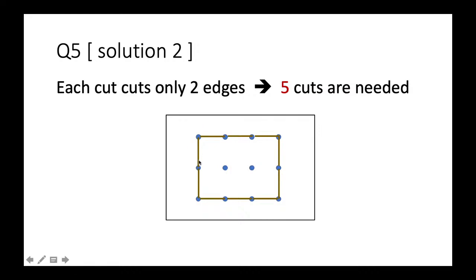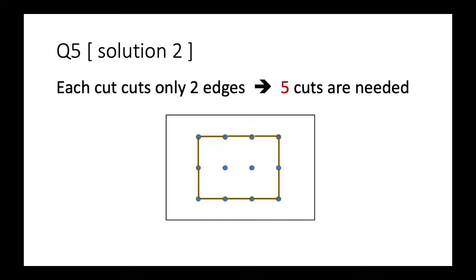But this is a rectangle, and any straight line can cut at most 2 edges on this rectangle. Is that okay? So with only 4 cuts, we can only cut 8 edges at most. That means that there are still some edges that are not cut at all.